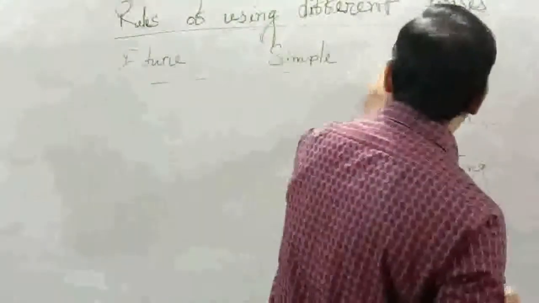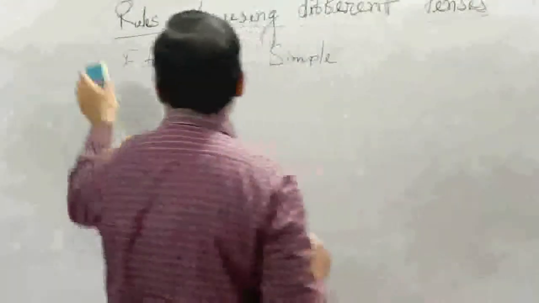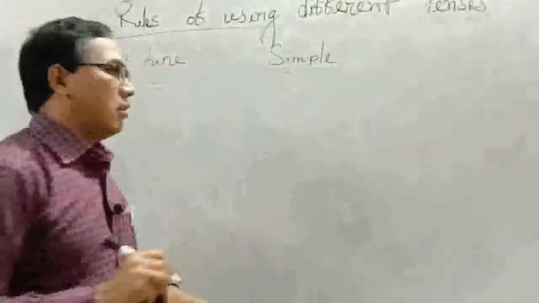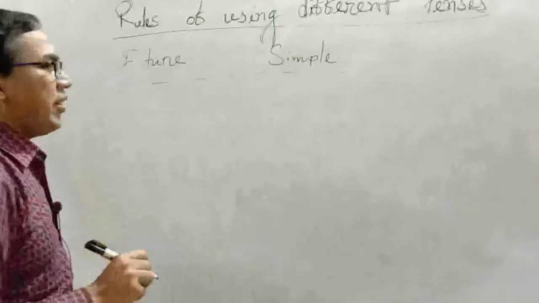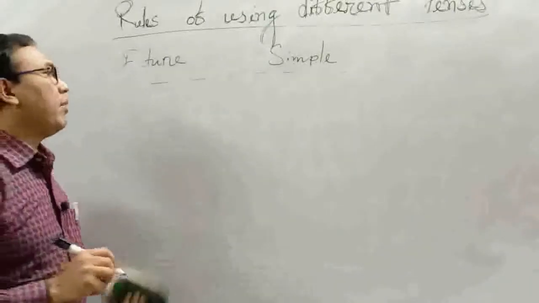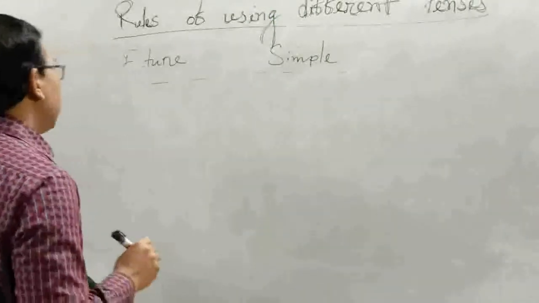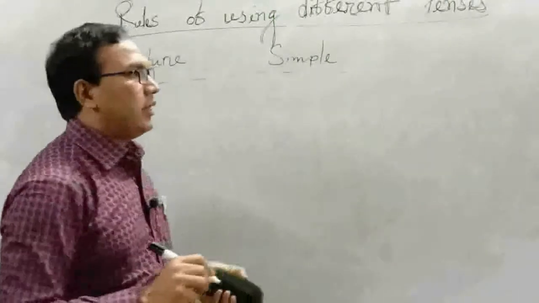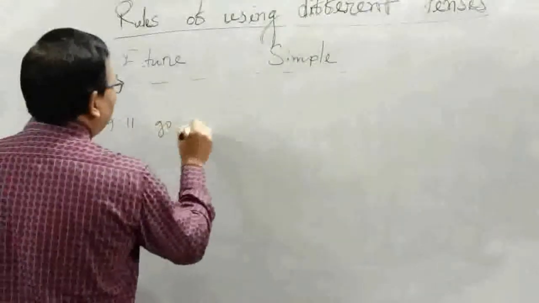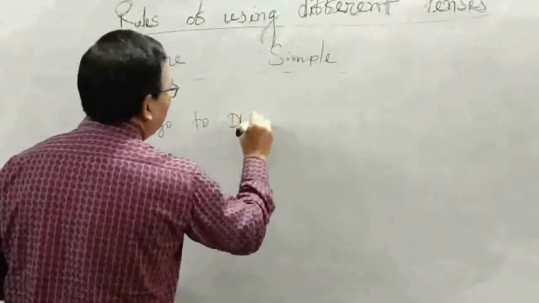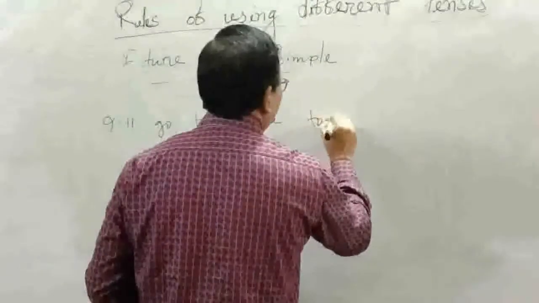And my dear students, sometimes to mean the future expression, some other tenses are used. Present continuous is used to mean the future expression. I'm giving an example. Suppose you want to say that I will go to Dhaka tomorrow.